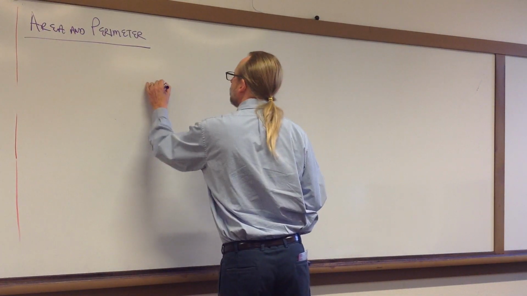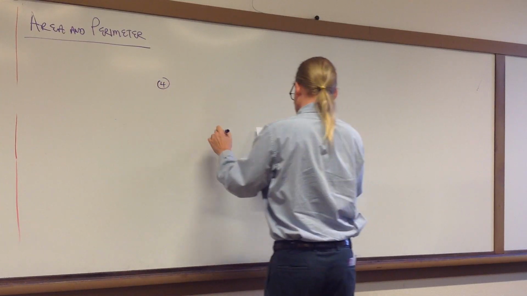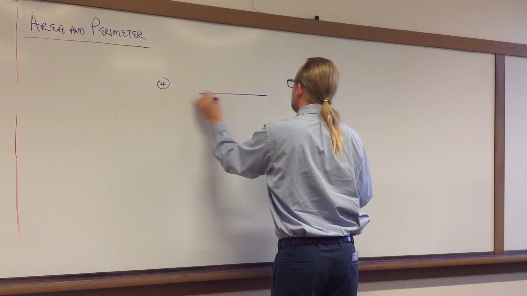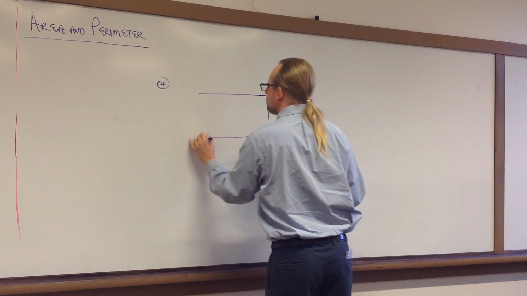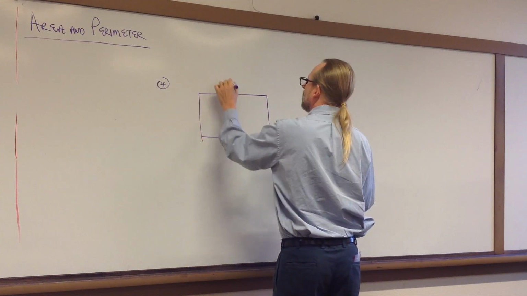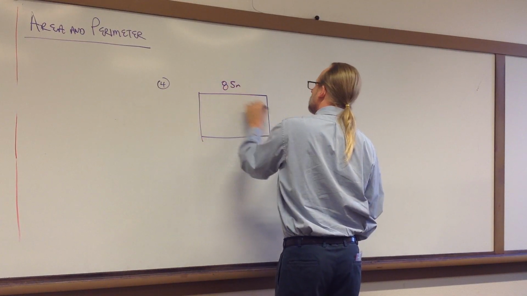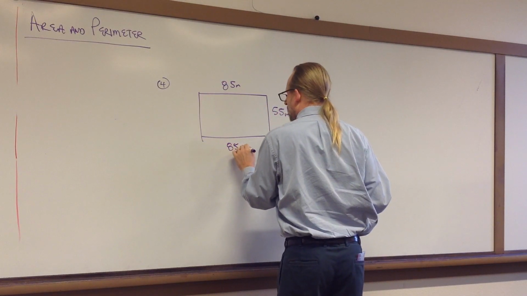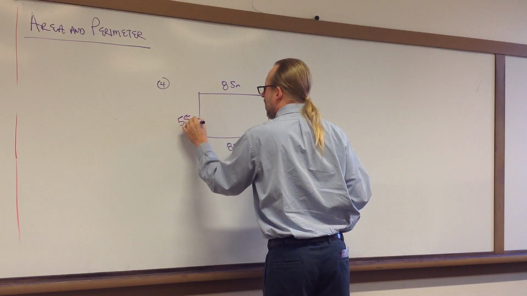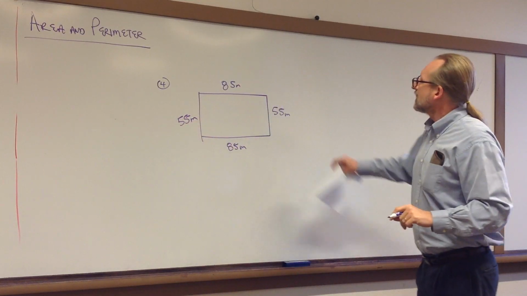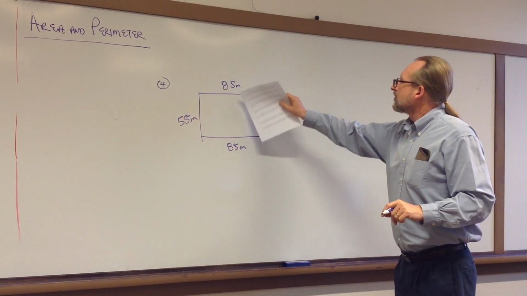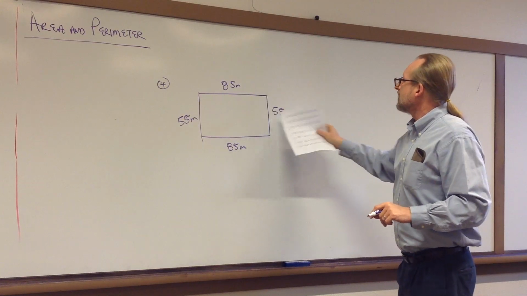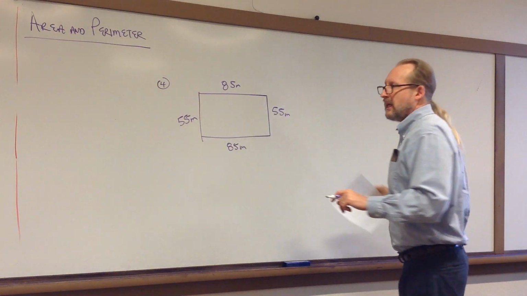So problem 4, we've got a rectangular field, 85 by 55. And these are also meters. So 85 meters, 55 meters. Okay, what is this? This is 170. This is 110.